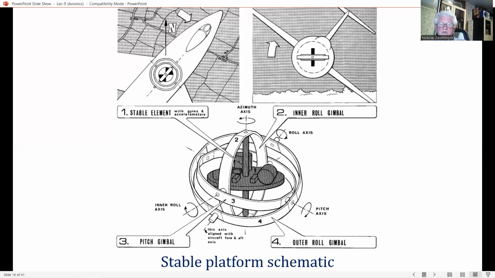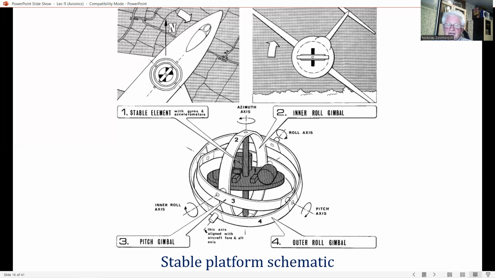The second method is known as a strap-down system, as it has the gyros and accelerometers mounted on a rigid frame or a block which is directly fixed, that is strapped down, to the airframe. The gyros and accelerometers thus measure the angular and linear motion of the aircraft with respect to the aircraft's body axes.